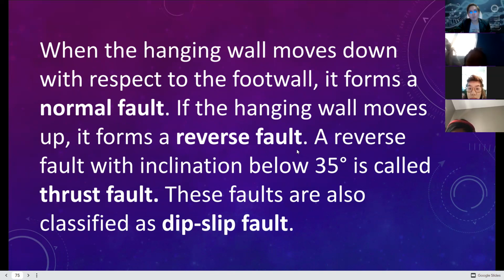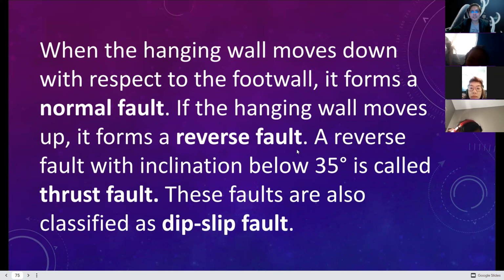But when the hanging wall moves up, it forms a reverse fault. A reverse fault with an inclination of 35 degrees is called a thrust fault.